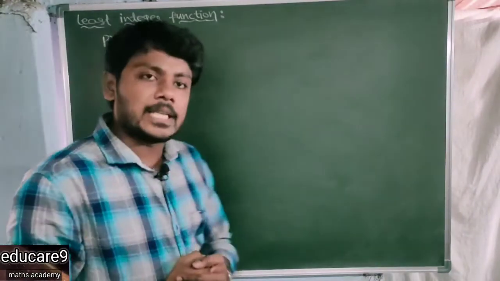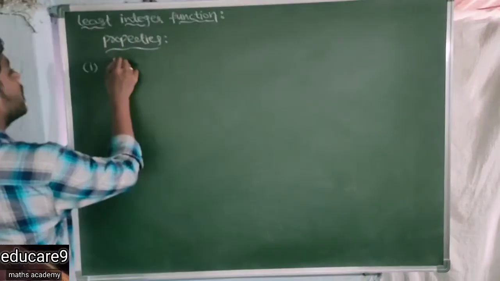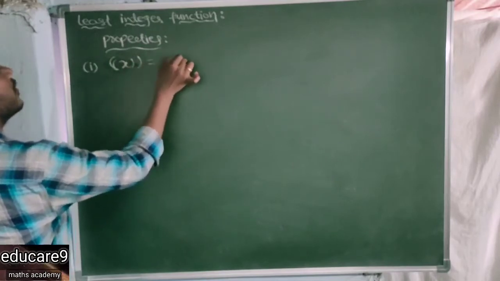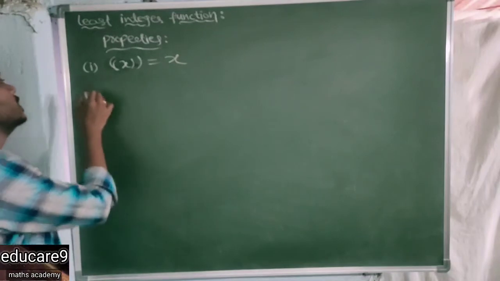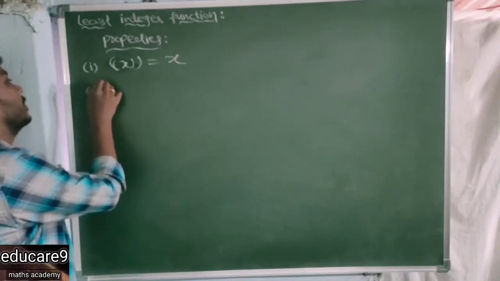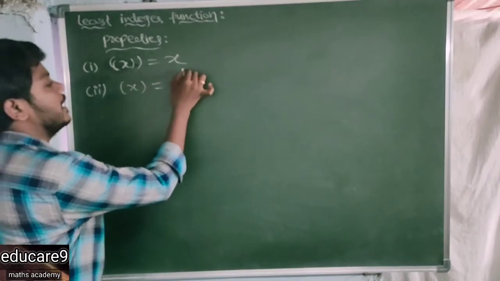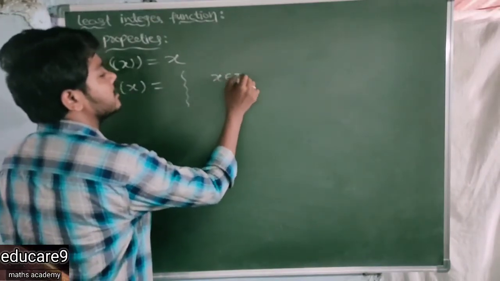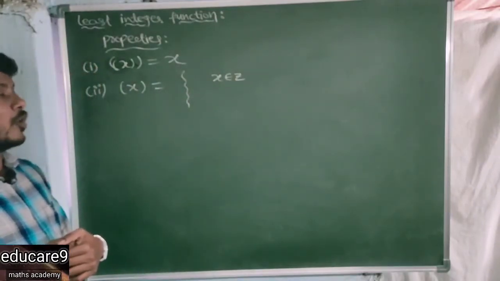So next, properties of the least integer function. So the first one, bracket of x. So this is equal to x. Okay, now the second one. So bracket of x. See here, if x belongs to the integers, then you get what?